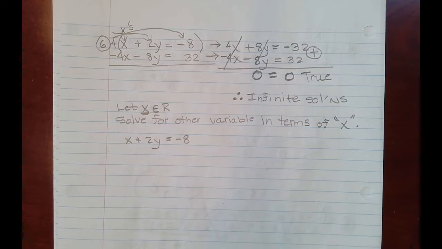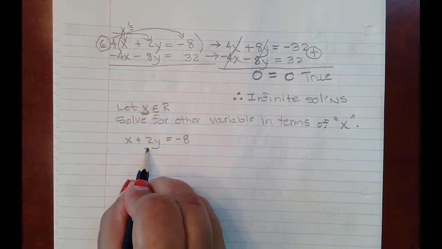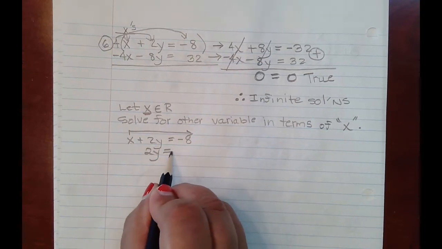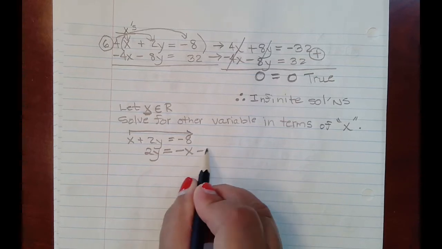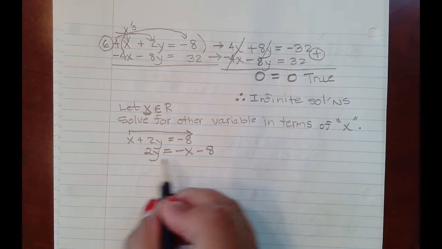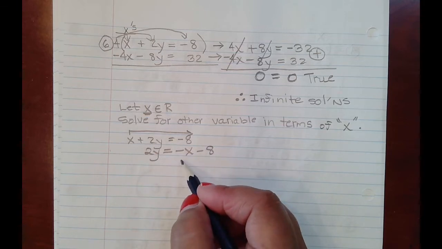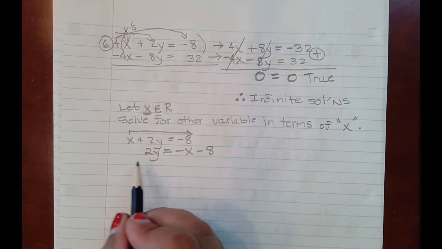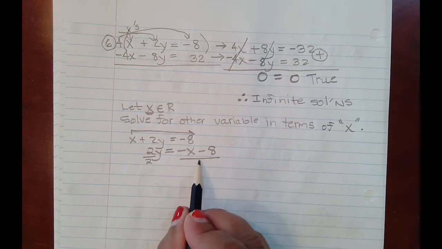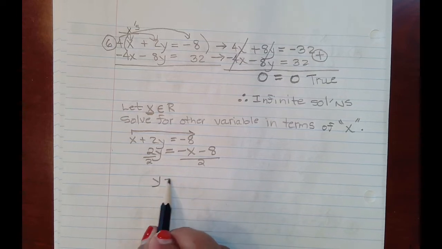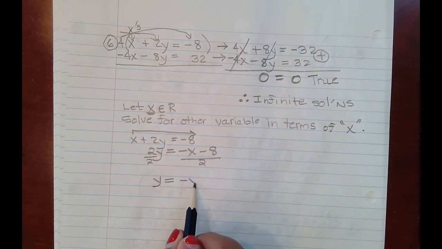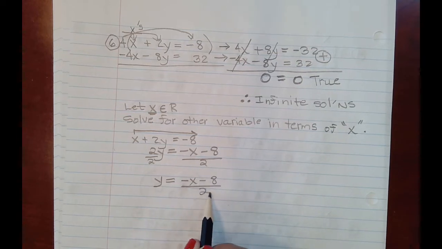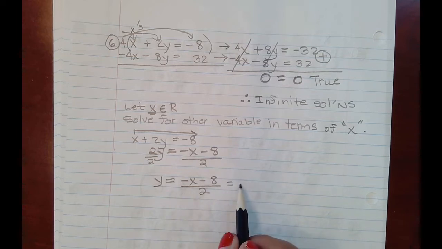So you're going to isolate for y by moving this x to the other side. So this will be negative x minus 8. The negative 8 was already there. I moved the x to the other side. And then divide by 2. So it's negative x minus 8 over 2. And you can give it as one fraction like this, or this expression, you can write it like this.